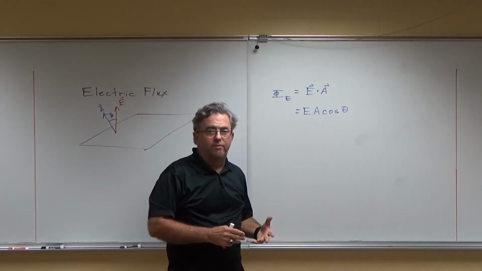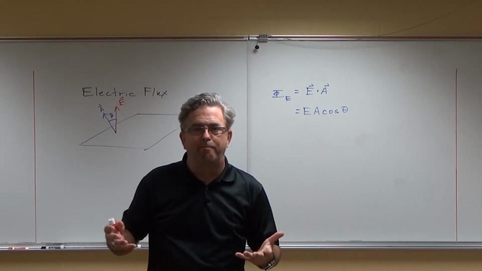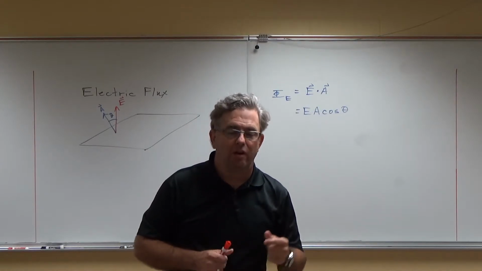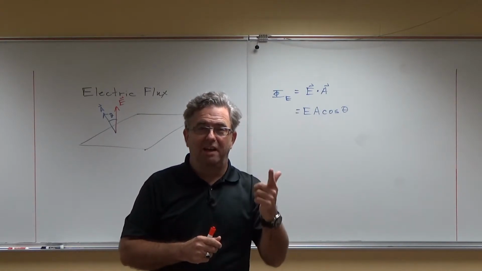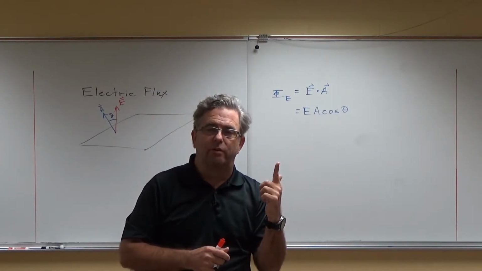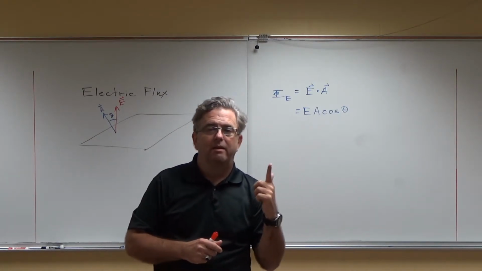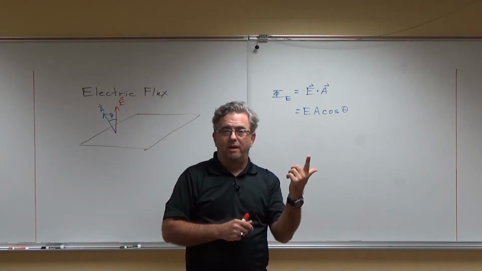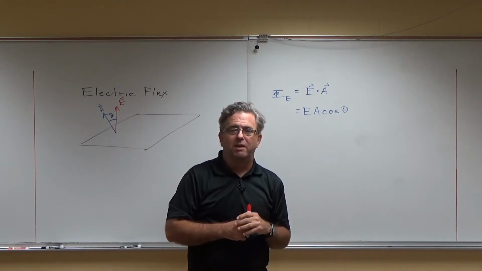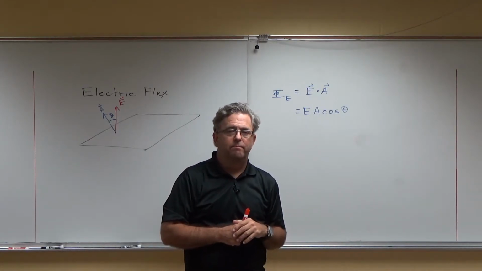This idea of flux is how much field do you have passing through a given area. All right, you need a field, you need an area, and you also need that component of the electric field to be in the direction of the area, okay?